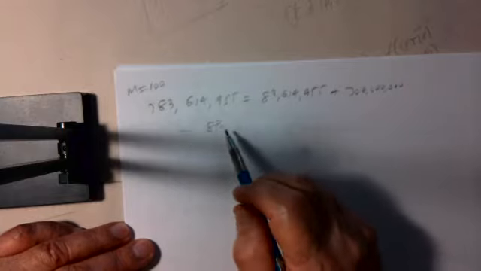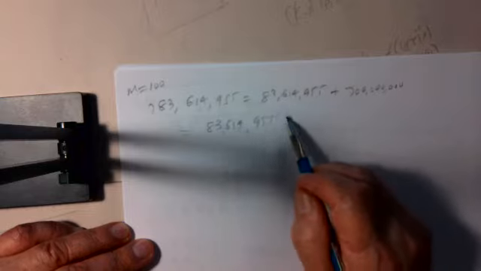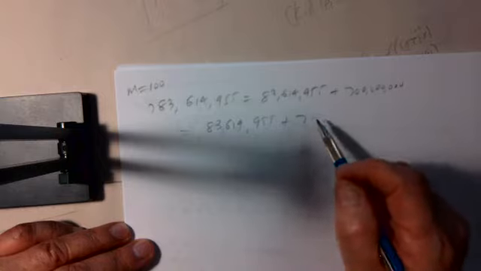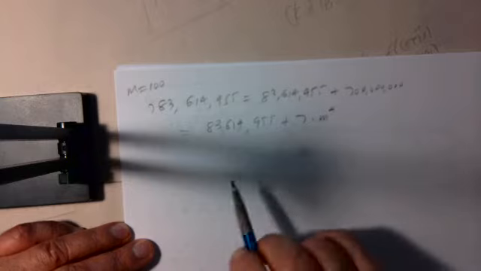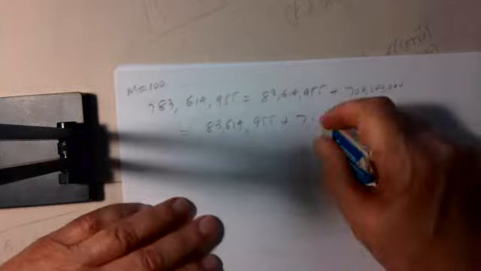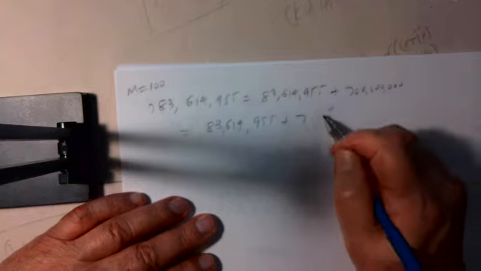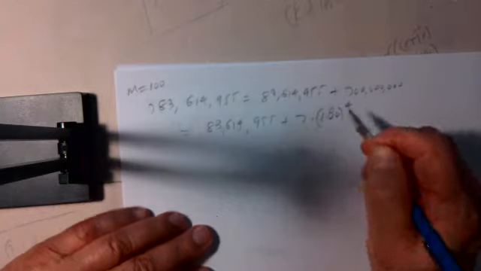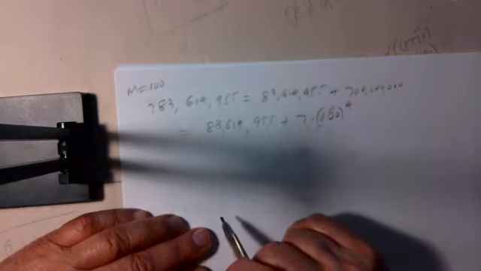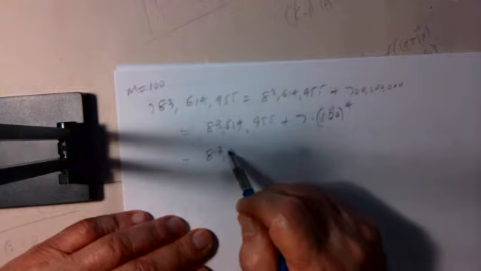That's 83,614,955 plus 7 times 100 million. 100 million is m to the fourth, 100 to the fourth. What's 100 cubed? That's a million. This is 83 million.